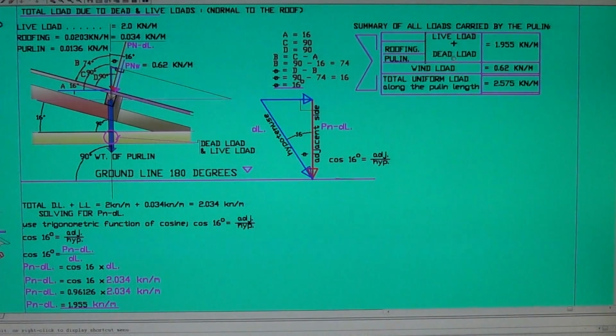The dead load is coming from roofing and the purlin, and the wind load itself is 0.62 kilonewton per meter. To solve that, let me see, 1.955 plus 0.62 is equal to the final 2.575 kilonewton per meter.